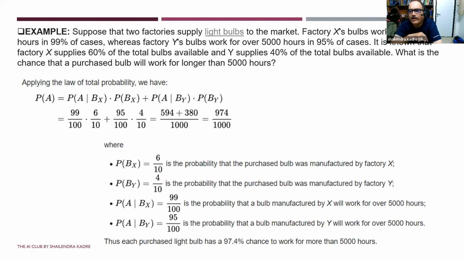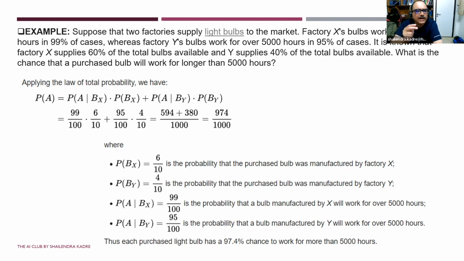It is known that factory X supplies 60% of the bulbs in the market and factory Y supplies 40%.